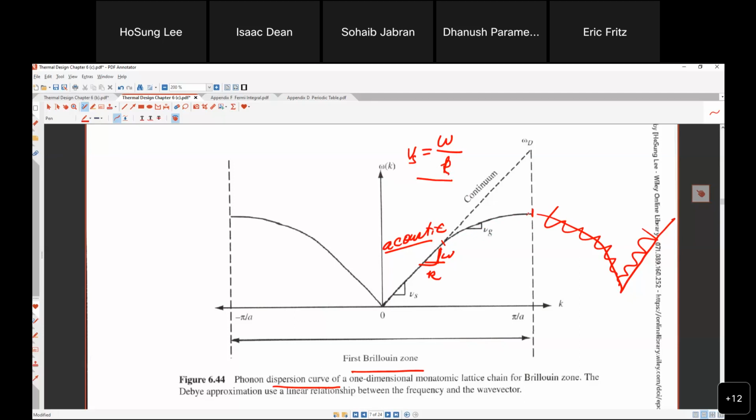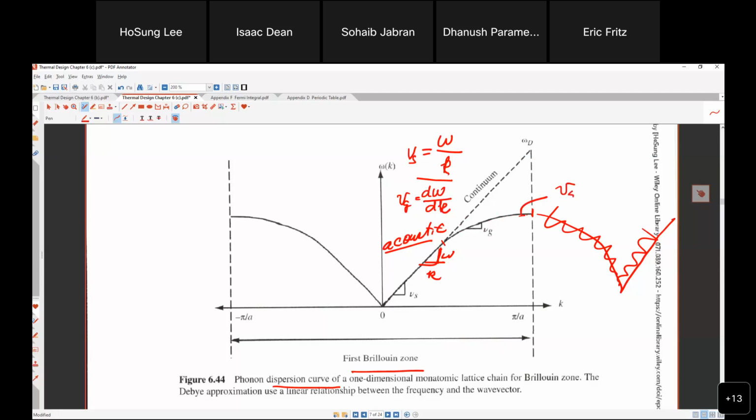Look at that. It's the slope. It turns out the gradient near the boundary is zero.